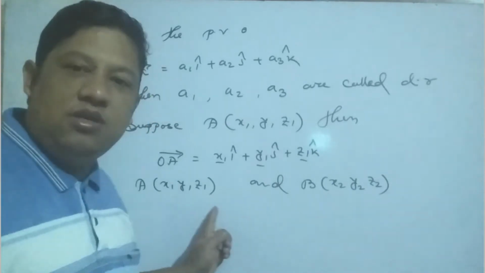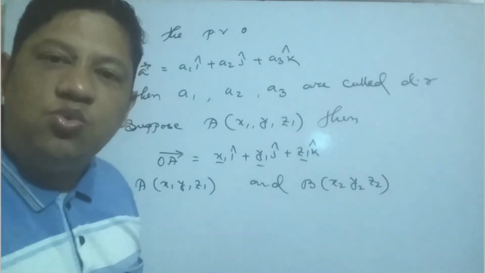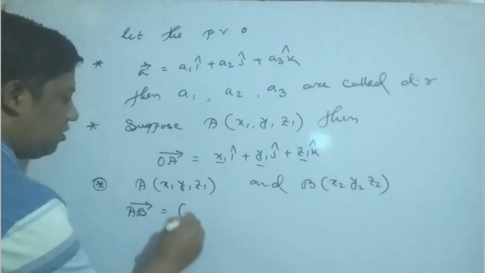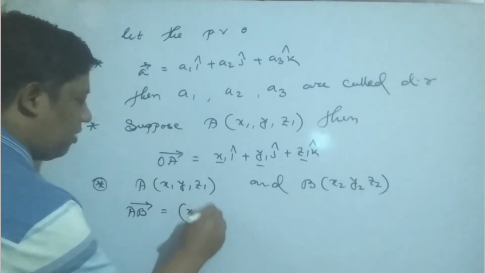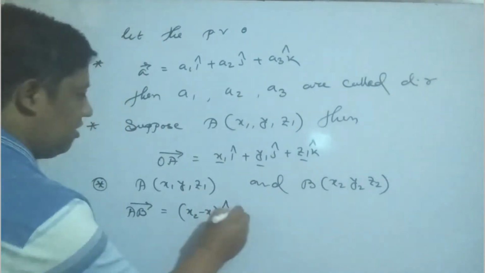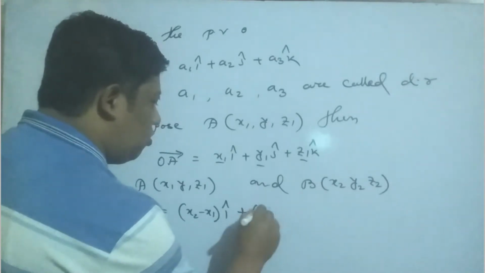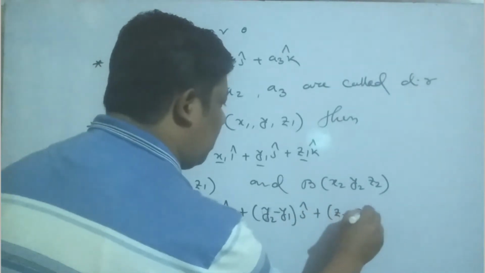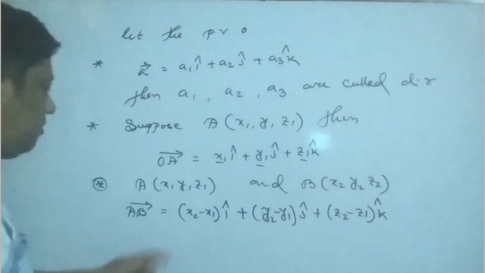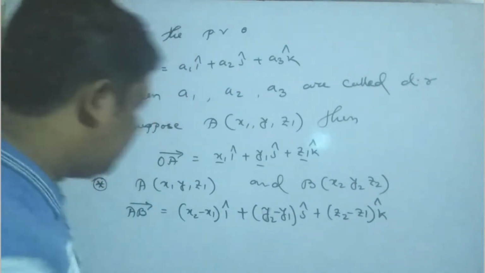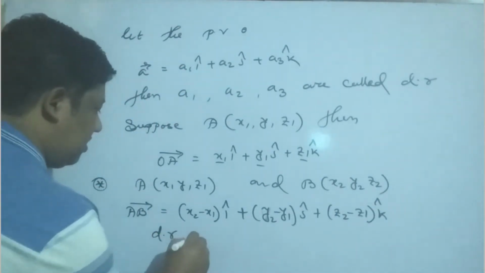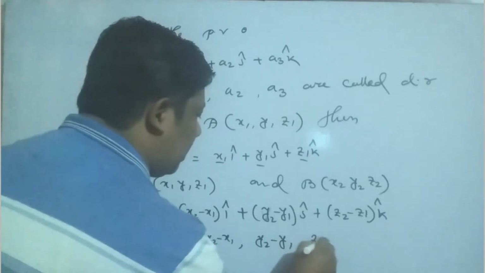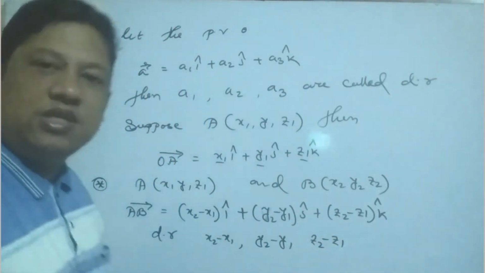Then AB vector equal to x2 minus x1 i, that means this minus this, plus y2 minus y1 j and z2 minus z1 k. These are called the direction ratio. Therefore, x2 minus x1, y2 minus y1 and z2 minus z1 are called the direction ratio.